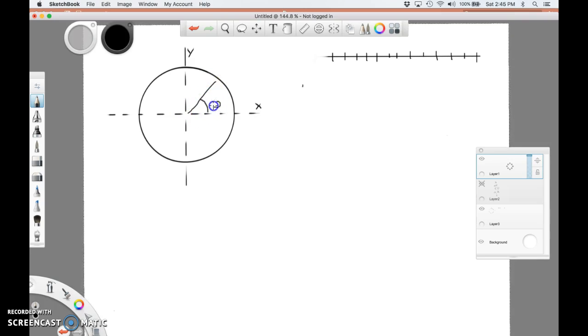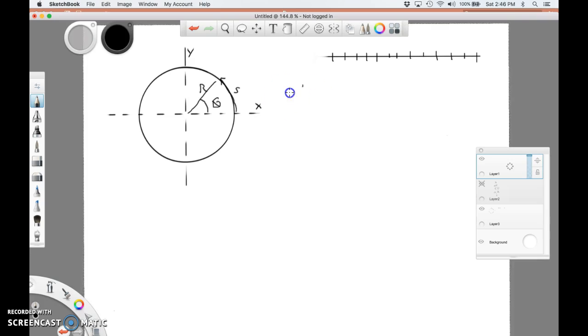whatever your angle is to the amount of distance you've traveled along the circle. If you know your angle in radians and you know your radius, you can find your distance, and we'll call it S, your distance S around the circle, because the definition of a radian is that it's the angle for which the arc of the circle has a distance equal to the radius.